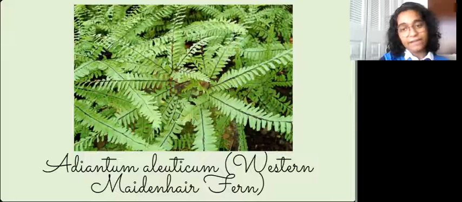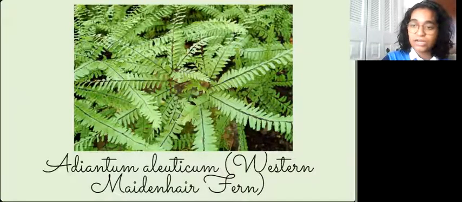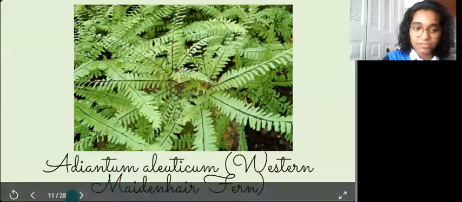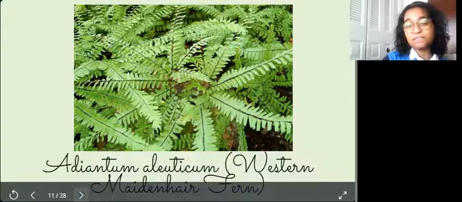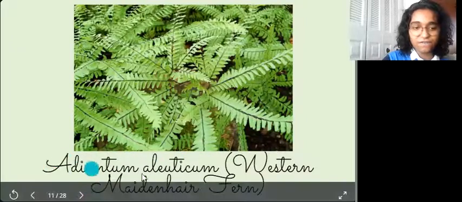The Western maidenhair fern is used in tea to strengthen muscle membranes, treat coughs, throat congestion, and respiratory irritation caused by air pollution. So it is very good for the lungs. The Western maidenhair fern, I think in most cough syrups, if you go through the ingredients, you can find this.